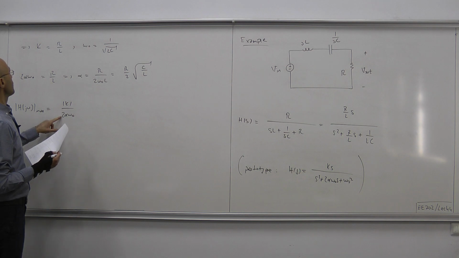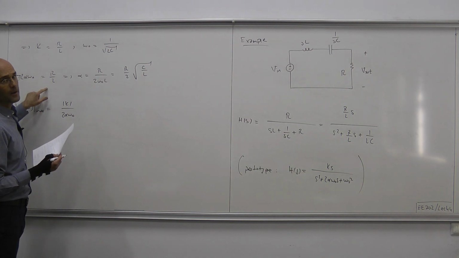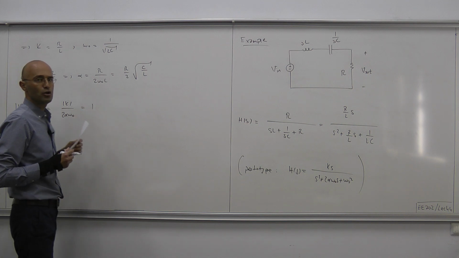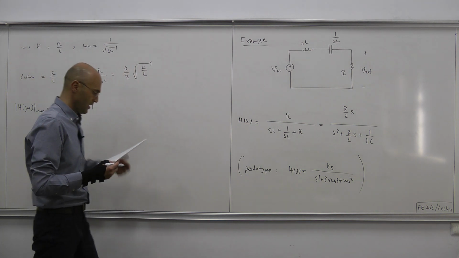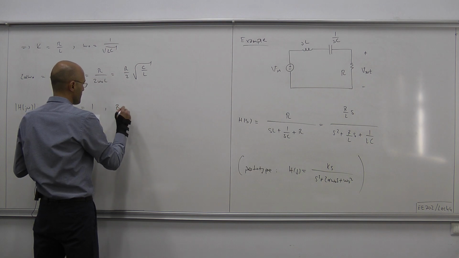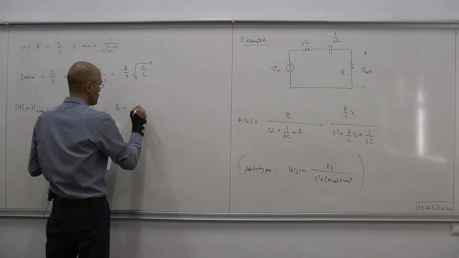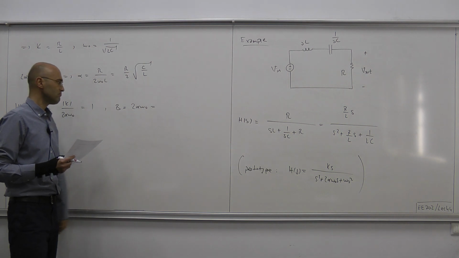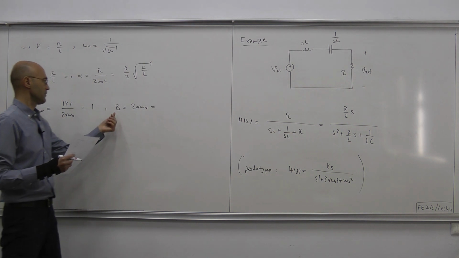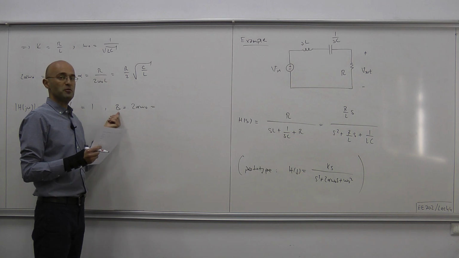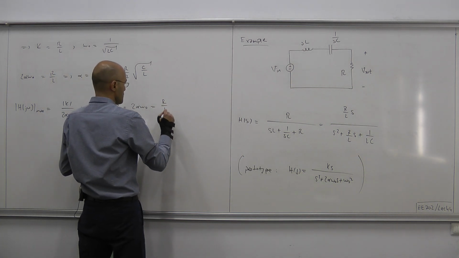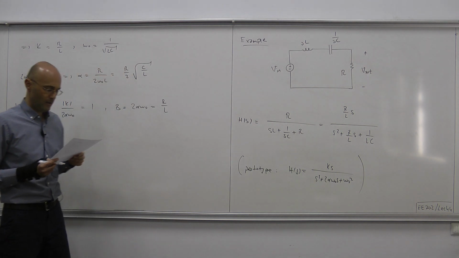Now K and 2 alpha omega 0 are the same, R over L, therefore the maximum gain that we can achieve is unity, 1. And how about the bandwidth? Bandwidth is 2 alpha omega 0. This is the difference between two cutoff frequencies, and that equals, in terms of our circuit parameters, R over L.